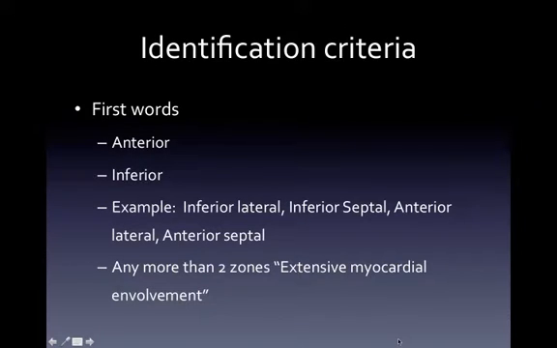Identification criteria. Whenever we identify certain specific areas, there's two things we have to take into consideration. First of all, I must have V1 and V2 to call it septal. And this refers to I must have two contiguous leads to call it that section. Vice versa, all this works all the way across the board.